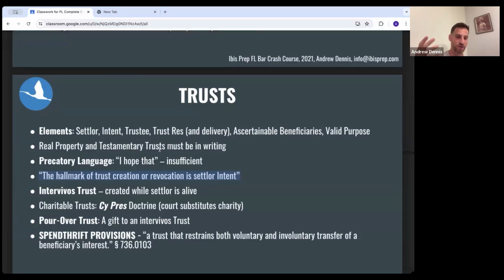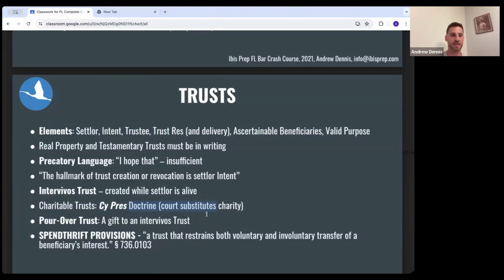Inter vivos trust is one created while the settlor is alive, as opposed to a testamentary trust, which is created in a will or upon death. Charitable trust, they really like to test the cy pres doctrine, meaning if we have a trust that's going to go to the American Cancer Society, but by the time the trust is due to distribute, that society has folded and is no longer.